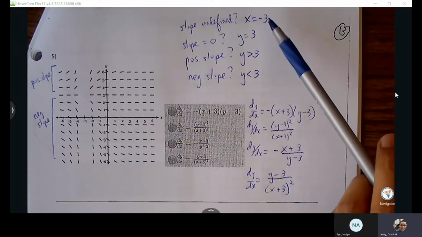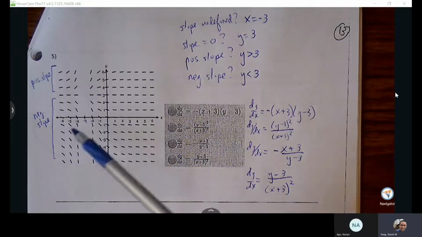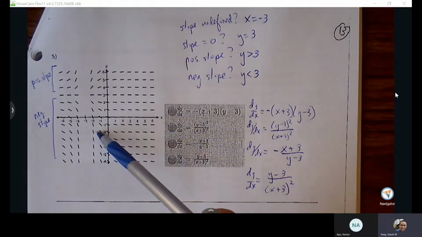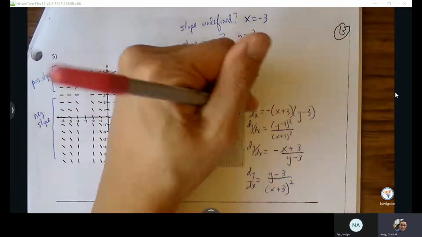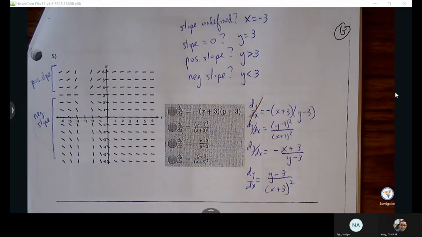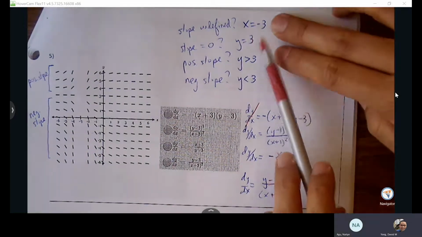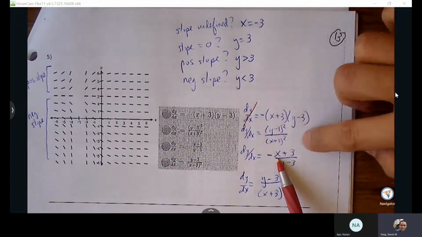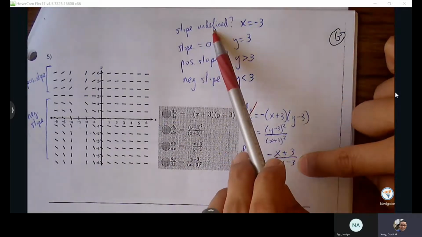No. So if I'm not getting slope undefined at -3, then this can't be true for this graph. So we can eliminate it. Is there another one that we can remove? C. Yeah, if I plug -3 in for x, I'm getting 0. And 0 over y minus 3 is not necessarily going to always be undefined.